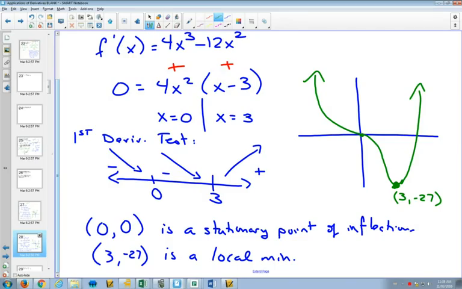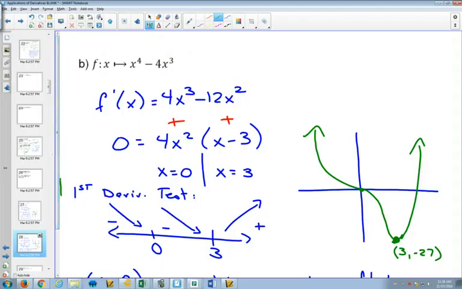Again, I'm going to review what you learned from last year when you graphed this same function in grade 12. What you would have done last year for this function is you would have just been able to find x-intercepts and y-intercepts. And because it's an x to the 4 graph and it's positive, you knew it acted like a positive parabola. Even functions act like parabolas.